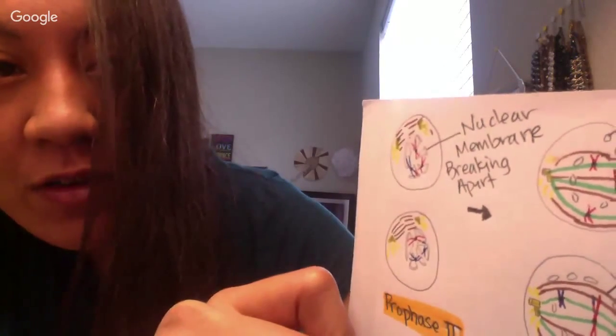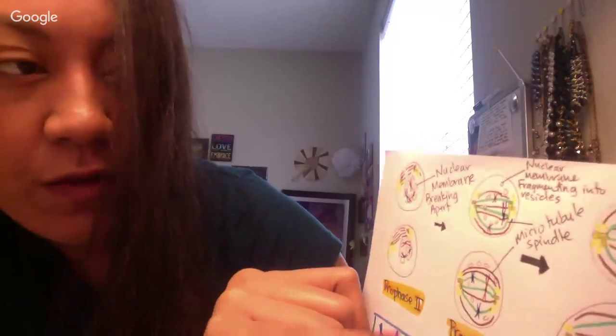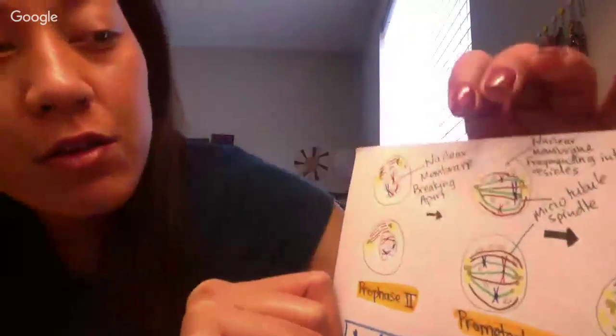For this one, for prophase 2, the nuclear membrane's breaking apart, and we're starting off with the two daughter cells that ended in the previous diagram, and it goes on to prometaphase 2, where the nuclear membrane is starting to fragment, and the microtubule spindle is forming and connecting to the chromosomes in the different daughter cells.